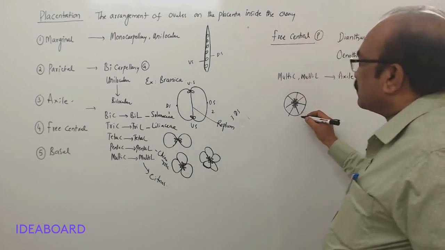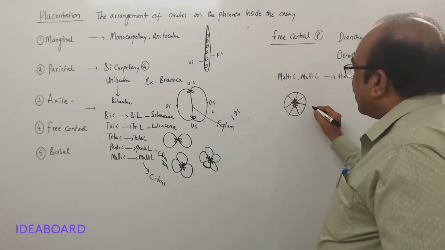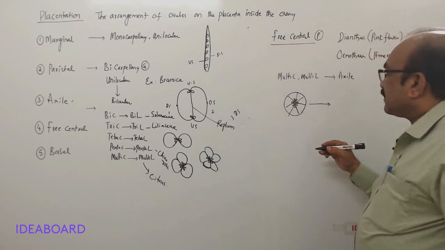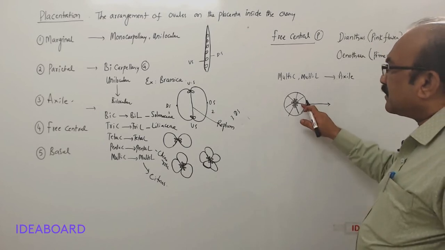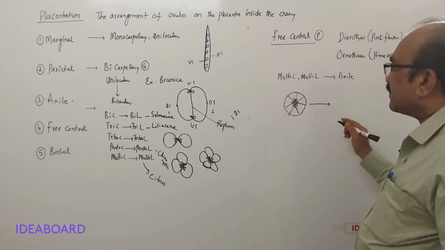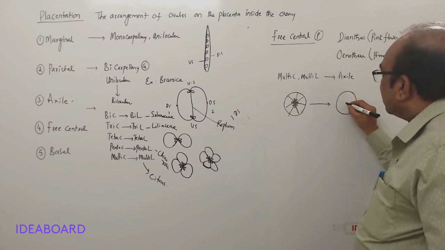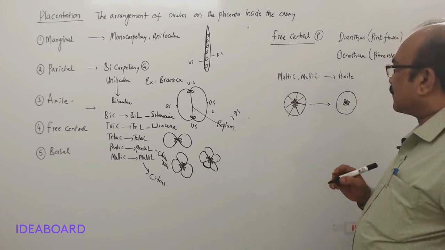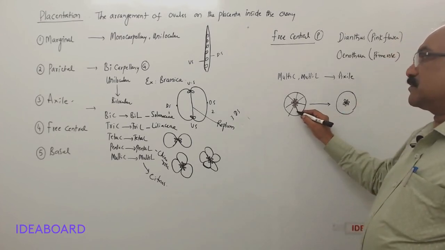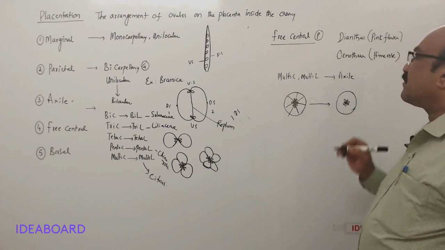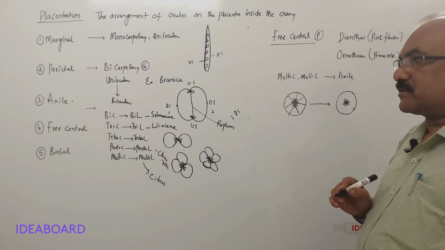And these are all locules, and they are separated by the septa, and during the course of development, the septa will degenerate, and as a result you will find all the ovules remain attached freely to the central axis. So this is in the beginning and this is after development. So now this is called free central placentation.